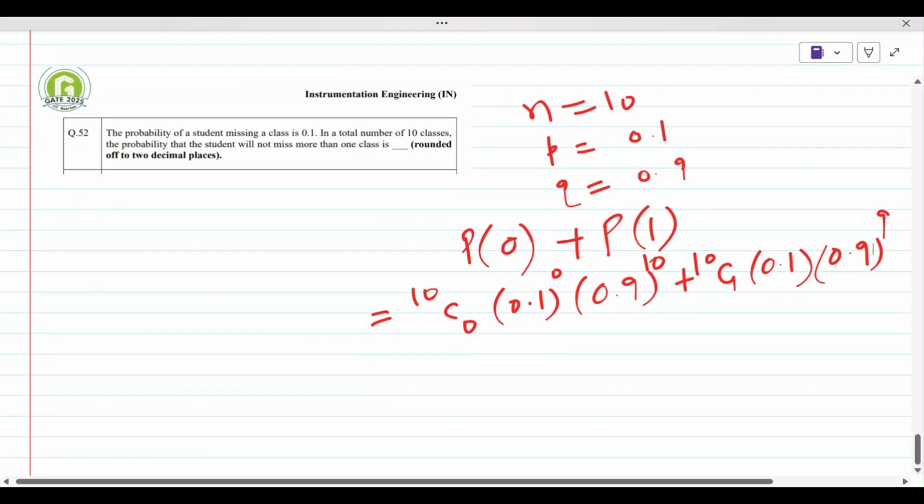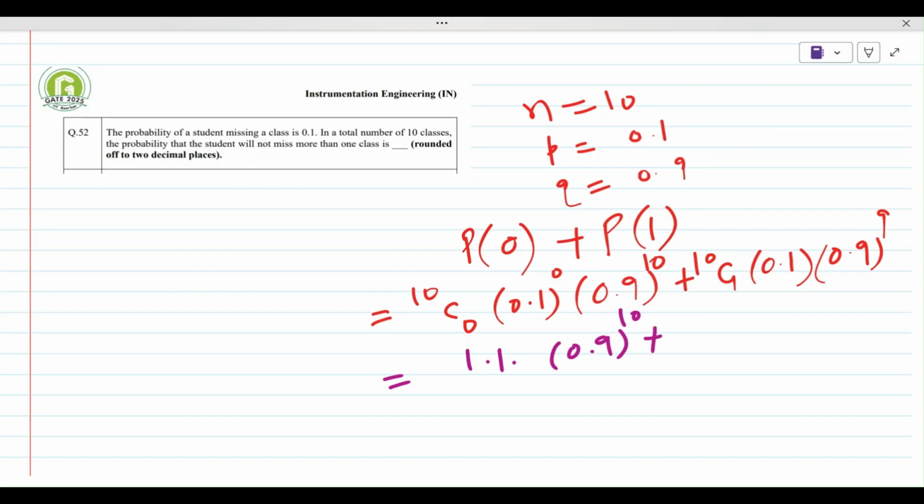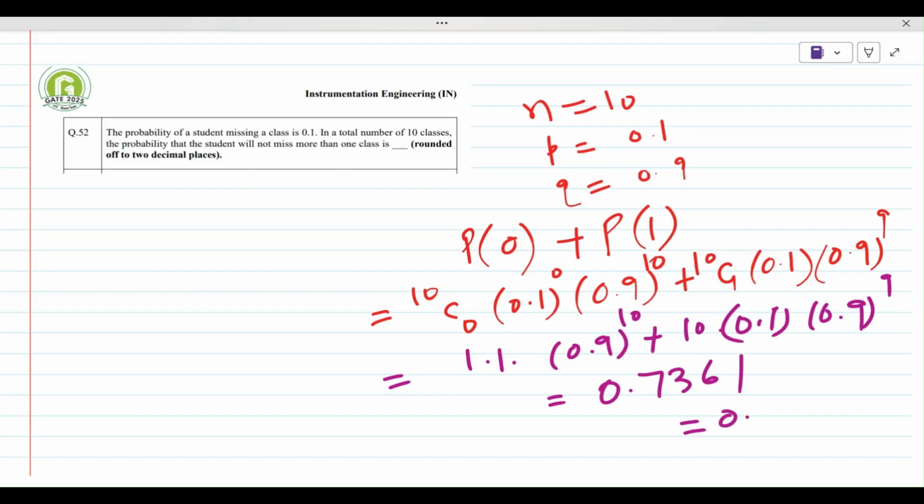So simplify it: 1 into 0.9 raised to power 10 plus 10 into 0.1 into 0.9 raised to power 9. If you simplify it, it gives you 0.7361, but we have to round off to two decimal places, so it becomes 0.74. So the correct value is 0.74.